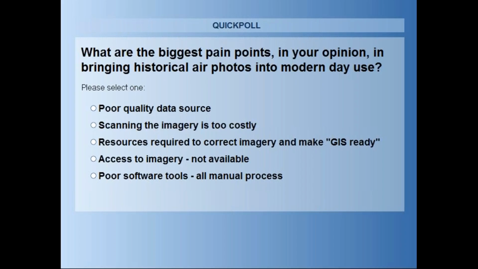The other options: maybe the resources that you need to correct all of these images are just too expensive. Access to imagery, maybe it's just not available or difficult to use. And maybe it's poor software tools, just the fact that there isn't an operational workflow. So I think you can pick the ones that are most suitable for you, and hopefully we get a sense of the key pain points that you're feeling.